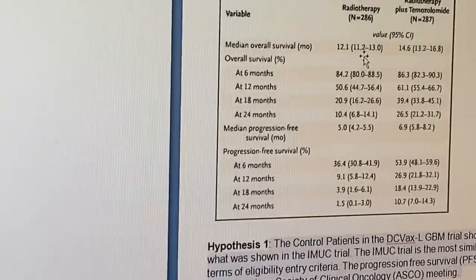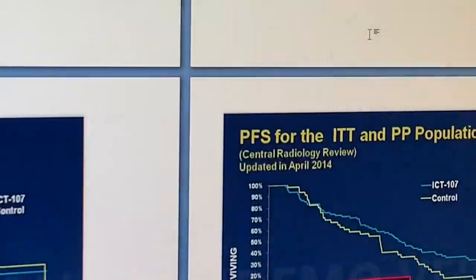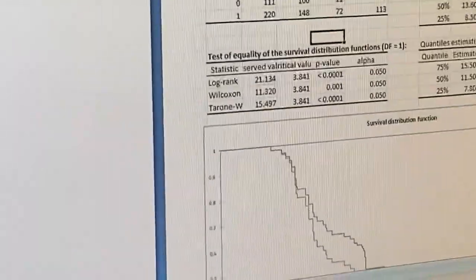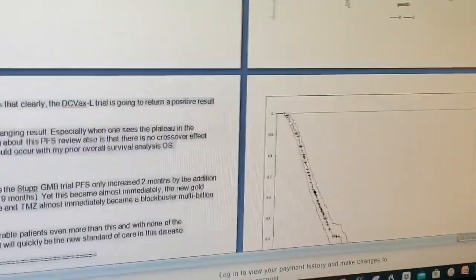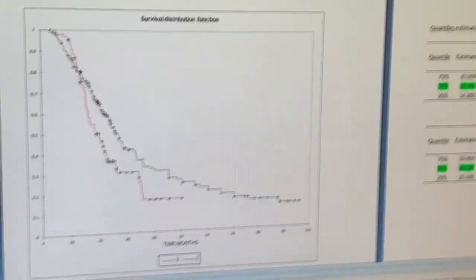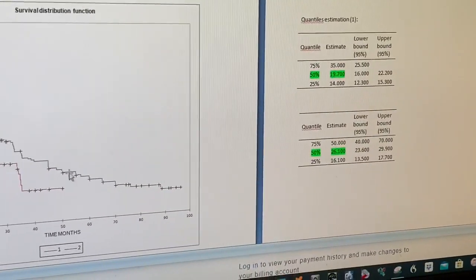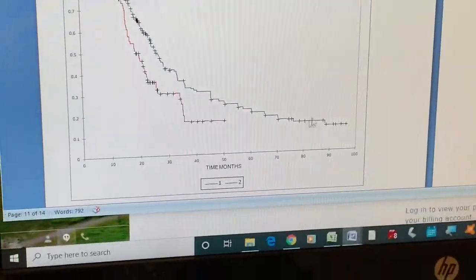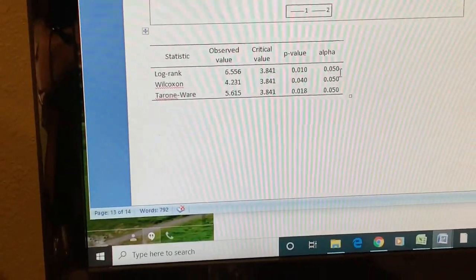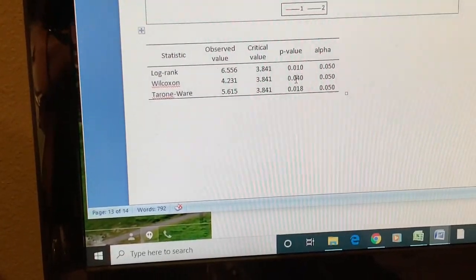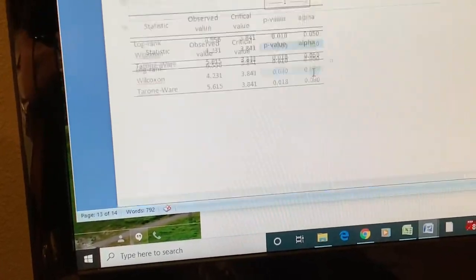And that became instantly the standard of care. We're looking down here at a much greater survival benefit in terms of median survival. And it may even be greater out here in the tail. The p-value was 0.04 between these curves, a significant p-value.